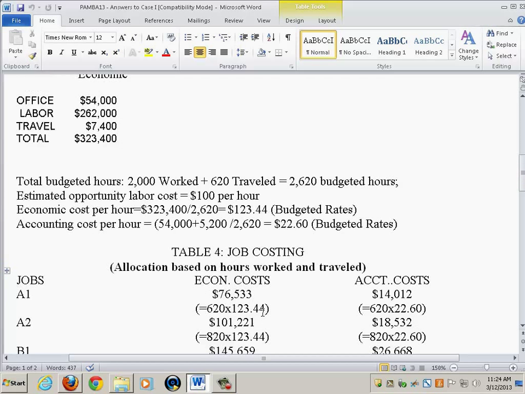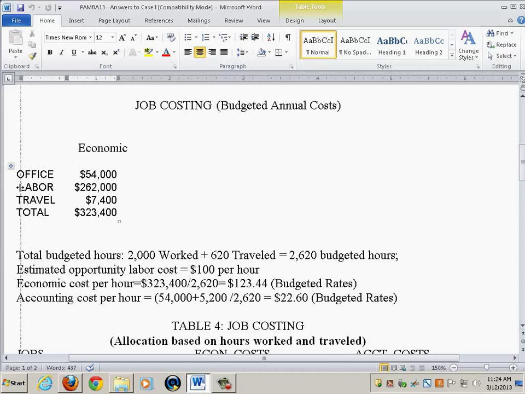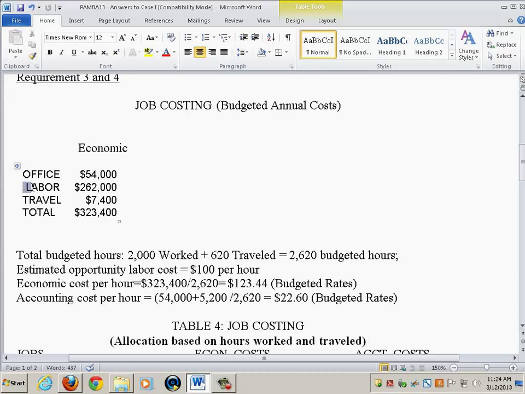Now, on the accounting costing, this will not appear, because this is opportunity cost. There is no explicit out-of-pocket cost. Nobody paid you $262,000. You're working for yourself.